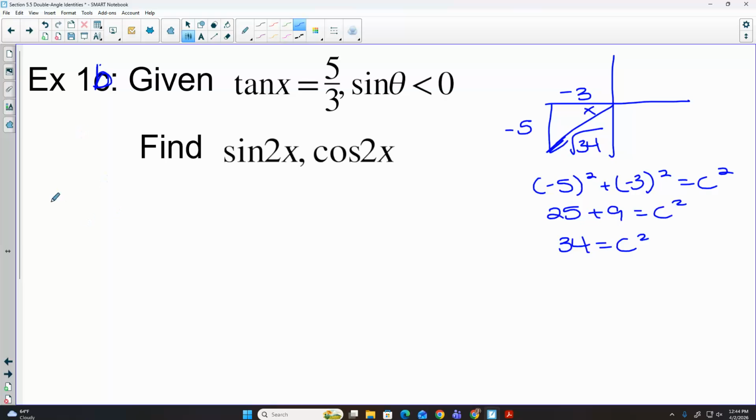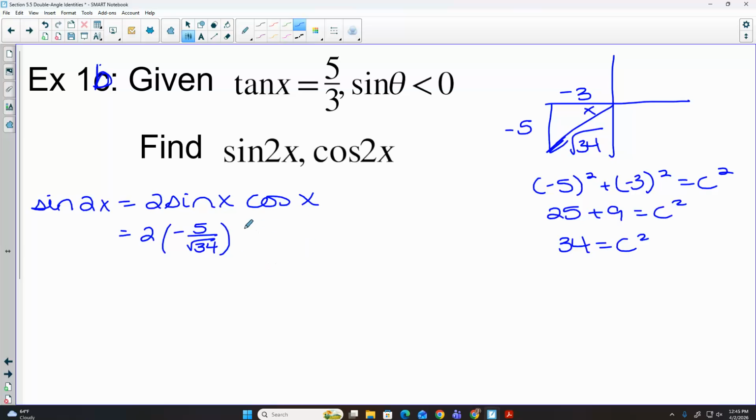All right, sine 2x. There's only one formula option. It's 2 sine x cosine x. So from my triangle, what is the sine of x? Opposite over hypotenuse. So negative 5 over radical 34.